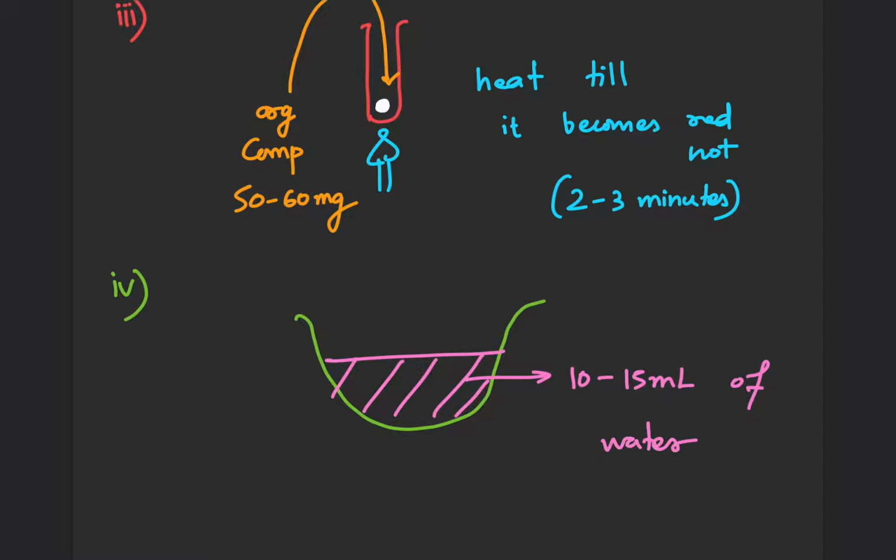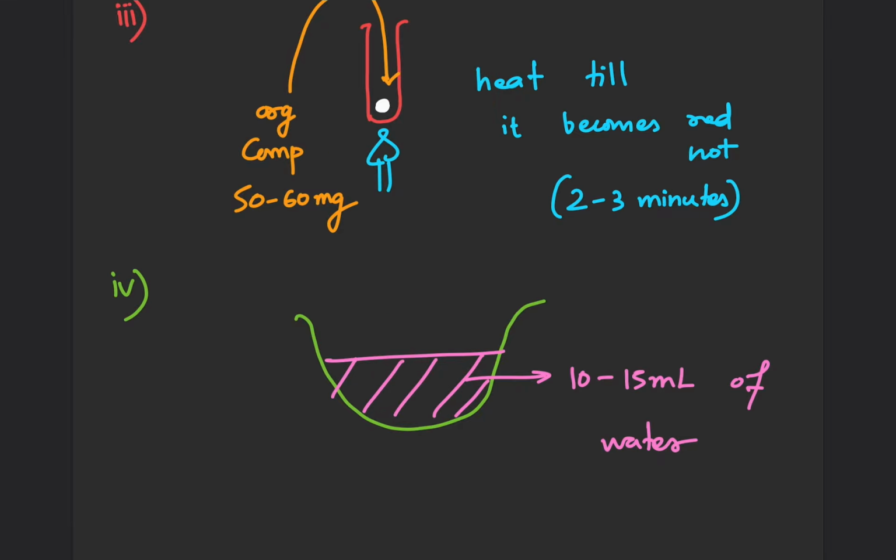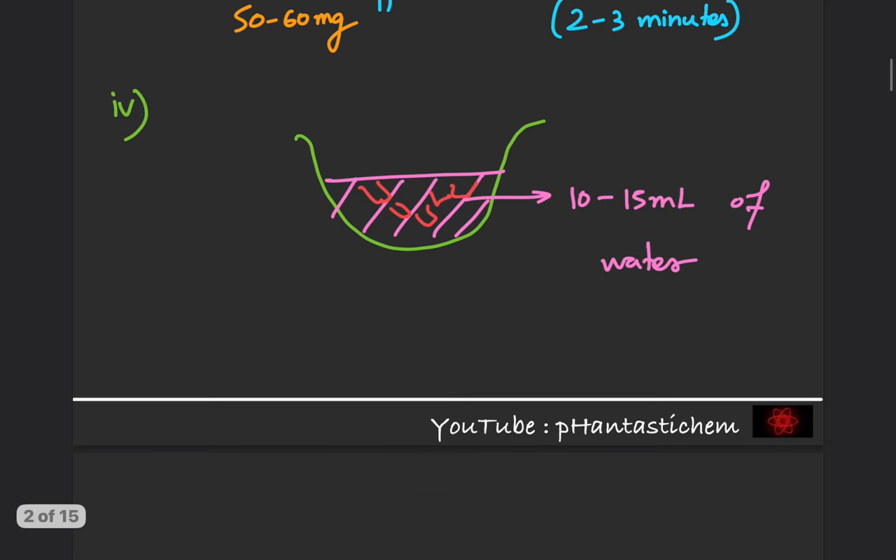So after this has become red hot, we plunge it into a china dish which contains 10 to 15 ml of distilled water. Because of that, the tube will break in the china dish itself. Okay, so I'm drawing it in this way to show that it has broken in this china dish. That's the fourth step.